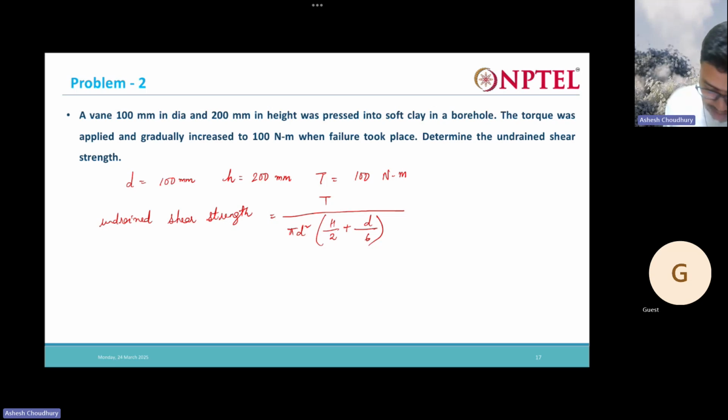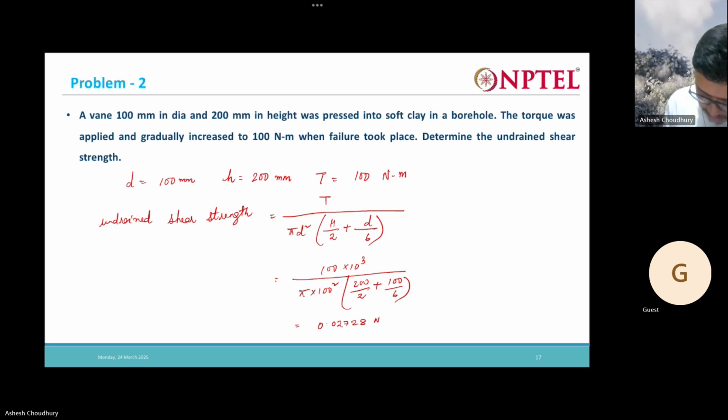So this is the relation: the undrained shear strength to the torque and the height and other parameters of the vane shear apparatus. Okay, so this one is the shear strength.